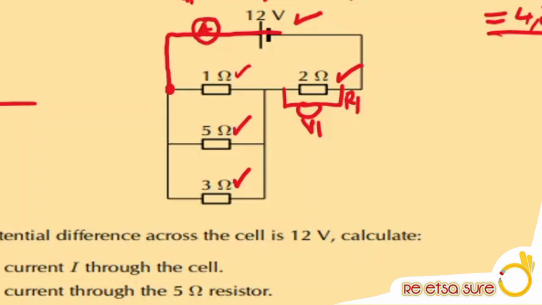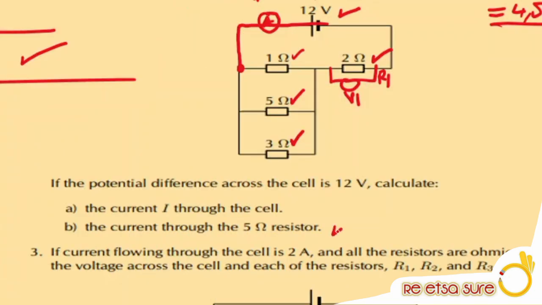Because the potential difference across parallel resistance is the same. Therefore, if on our 5 ohm resistor our V is 2,943, I can be able to do what? To answer the question that says calculate the current through the 5 ohm resistor.